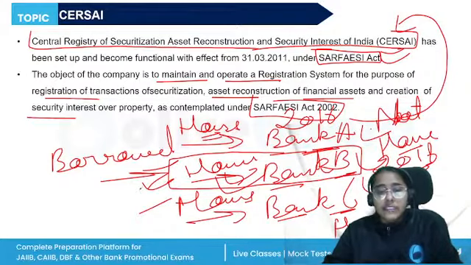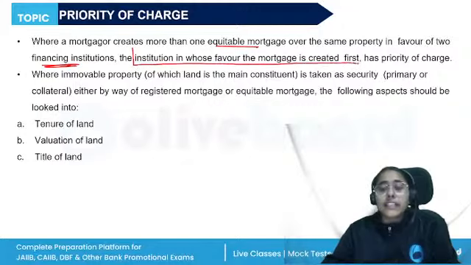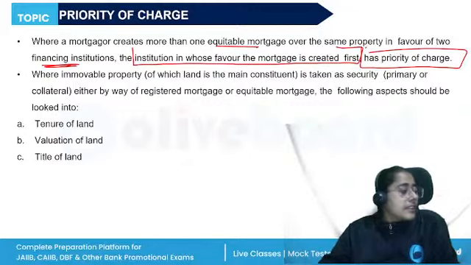That is why it is important to get the charge registered. So when a mortgager creates more than one equitable mortgage over the same property in favor of two financing institutions, the institution in whose favor the mortgage is created first has the priority of charge. This is the whole purpose of the priority.